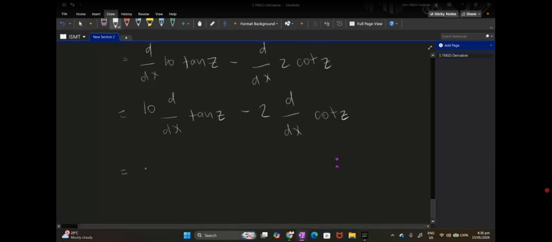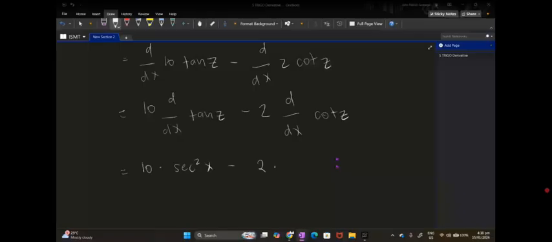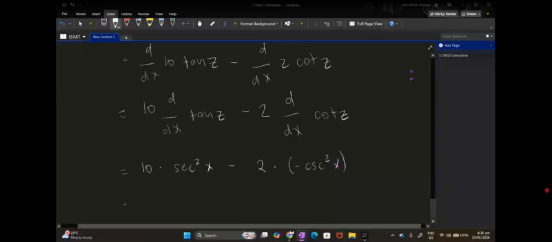So, then multiplied by, ano derivative ng tangent natin? It's secant squared x minus 2 multiplied by cotangent. Ang derivative natin dyan is negative cosecant squared x. And after that, we can evaluate na ulit.